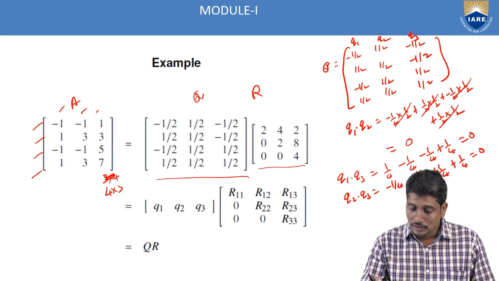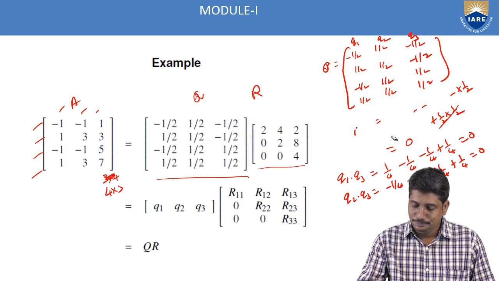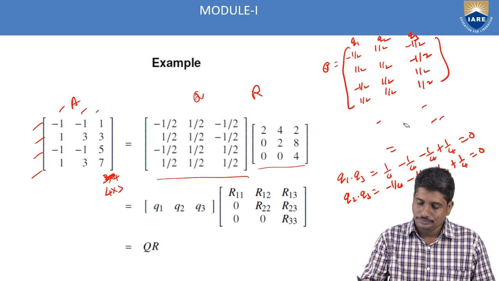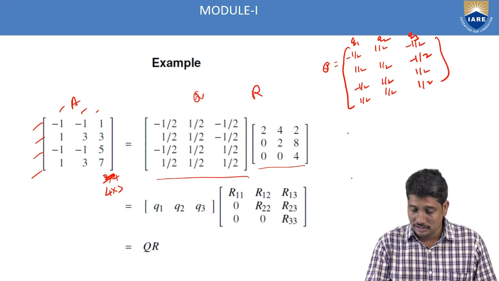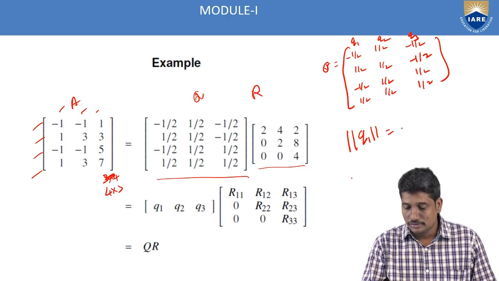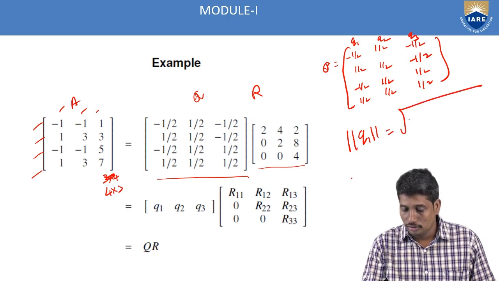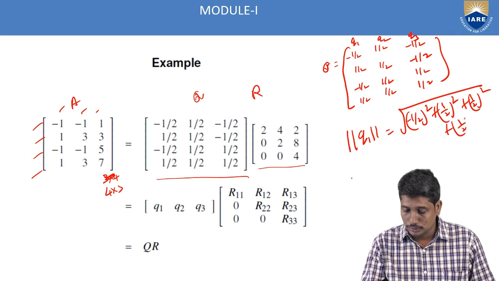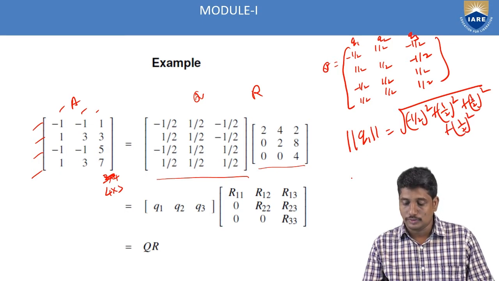And also, we can easily verify that norm Q1 is equal to root of minus half square plus 1 by 2 whole square plus 1 by 2 whole square plus minus 1 by 2 whole square.